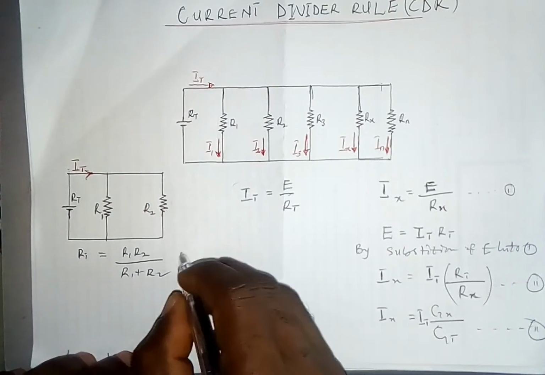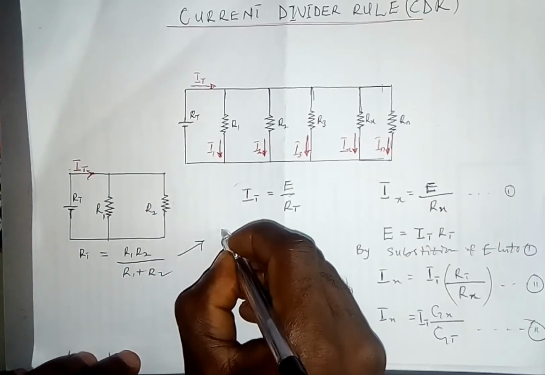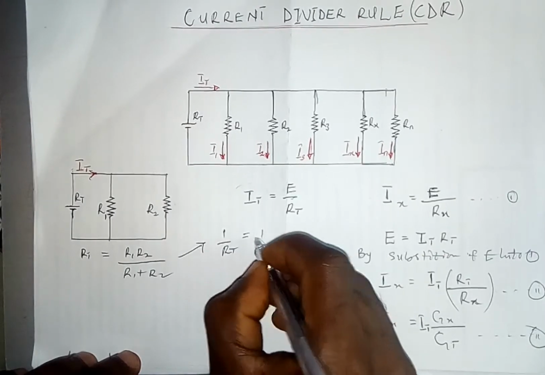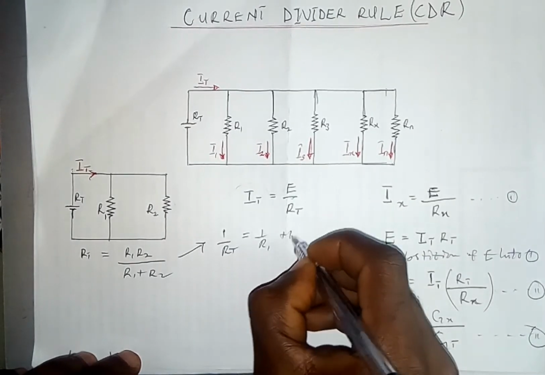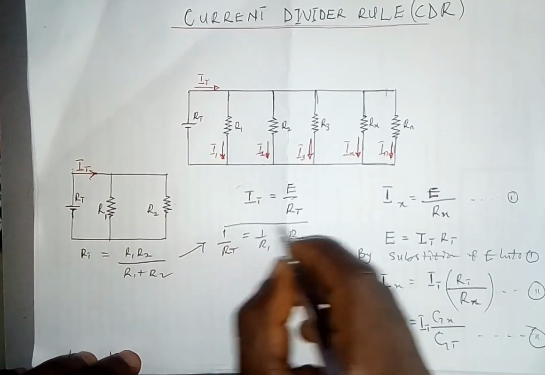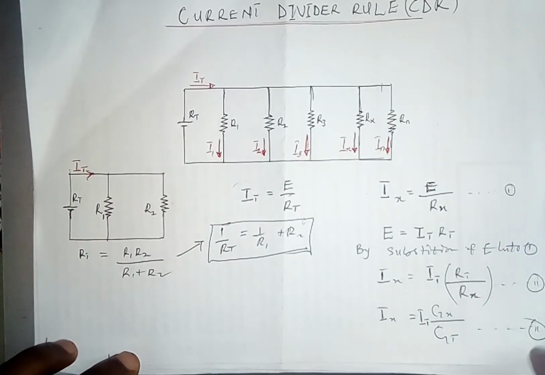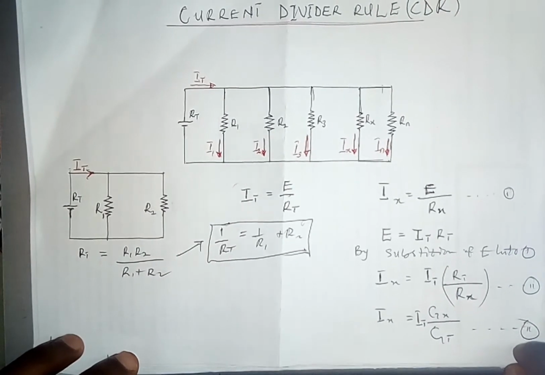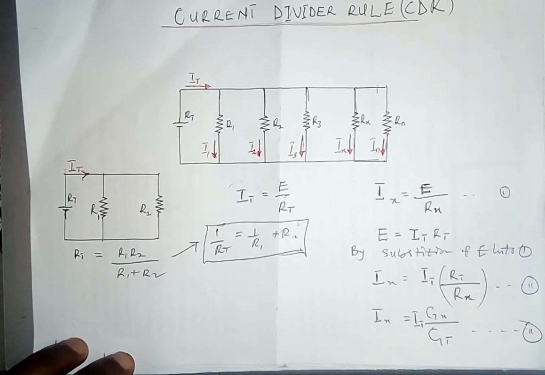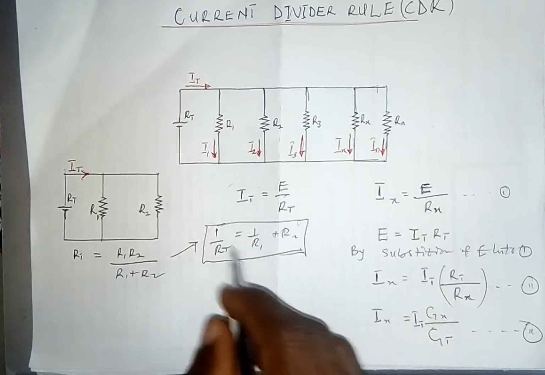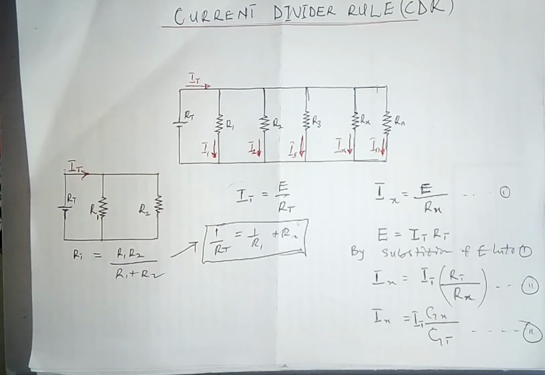I think that is the easiest way of saying 1 over RT equals 1 over R1 plus 1 over R2. It is the short way to find the total resistance in a two parallel resistor circuit. If you still revise all this, you're still going to have the same thing.